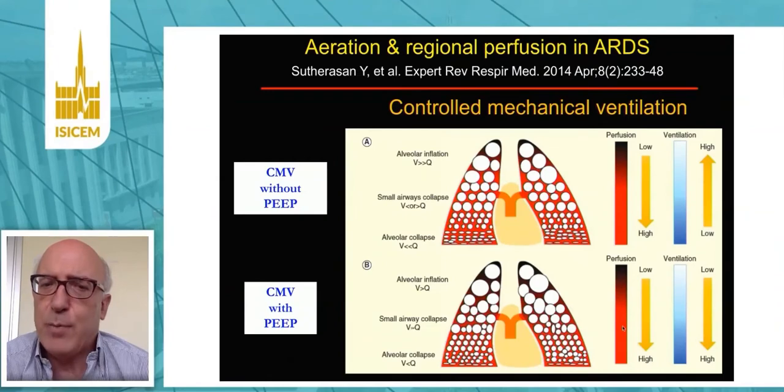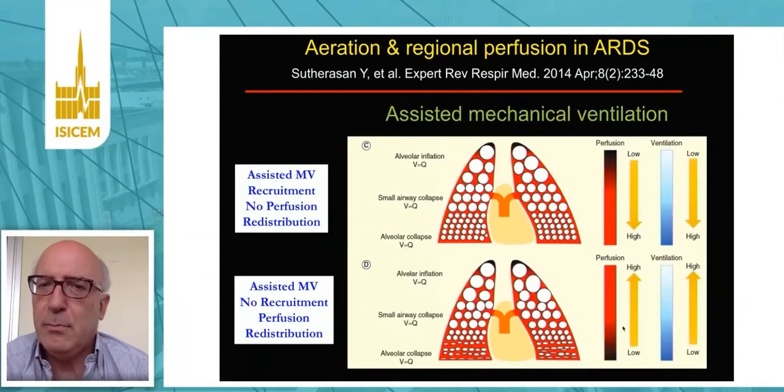If we apply PEEP and we observe a recruitment in the dependent part of the lung, the perfusion remains in the dependent part of the lung, but there is an increase in ventilation in the most dependent part of the lung, leading to a reduction in shunt and an improvement in the VQ.